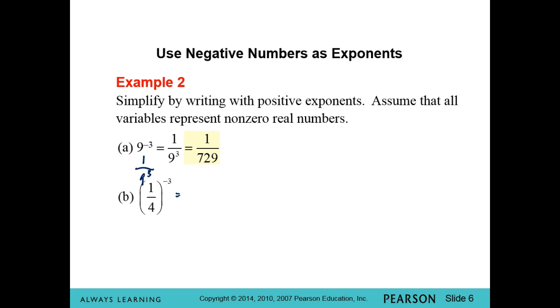Is that what you're saying? So you move the 1 over 1/4 to the negative, to the positive 3 power. Is that what you said? That's correct. You certainly can do that. Like I said, there's several ways to do this one. This is 1 over 1/4 cubed. That's exactly right. Now, that's not very simple. So what would you do to continue that?